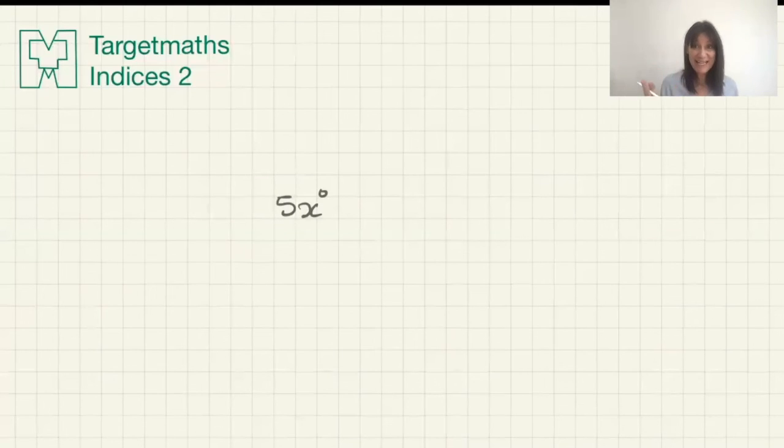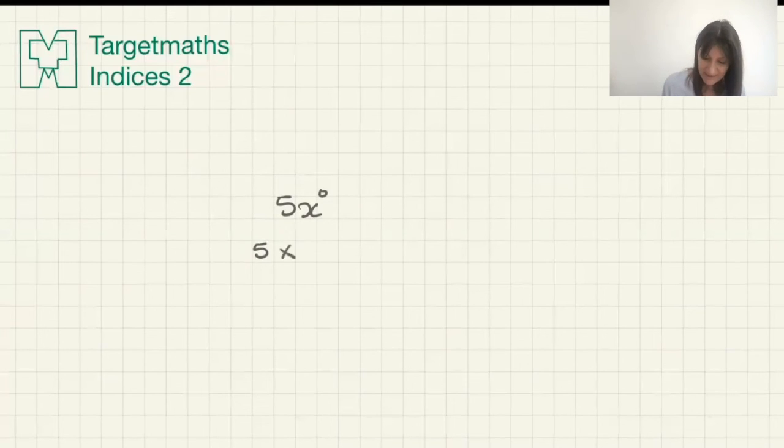Okay, we have to be really careful with this. It's not massively common, but it's creeping into these exams, and it's something that we really need to be secure on. We learn anything raised to the 0 is 1. So you are tempted to just write 1, but you can't ignore the fact that there's a 5 in front of it. That 5 is squashed to the x 0.